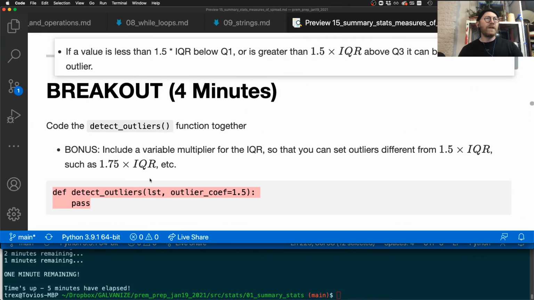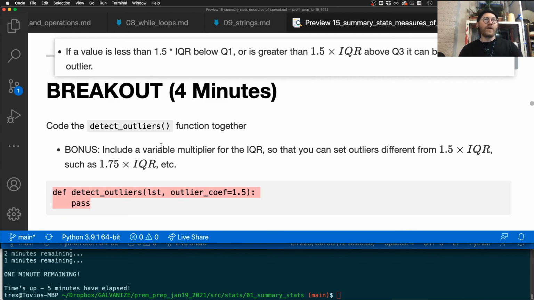And I didn't give you a data set to test, but the essential way to do this is here, right? So if a value in a list is less than Q1 minus 1.5 times the IQR, or if that data value is greater than 1.5 times the IQR plus Q3, then it's an outlier.